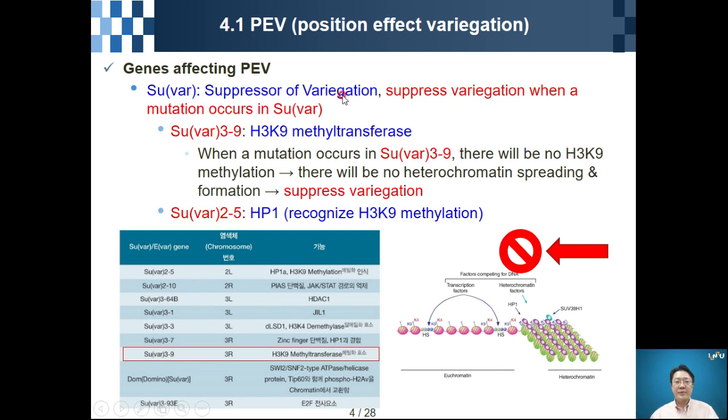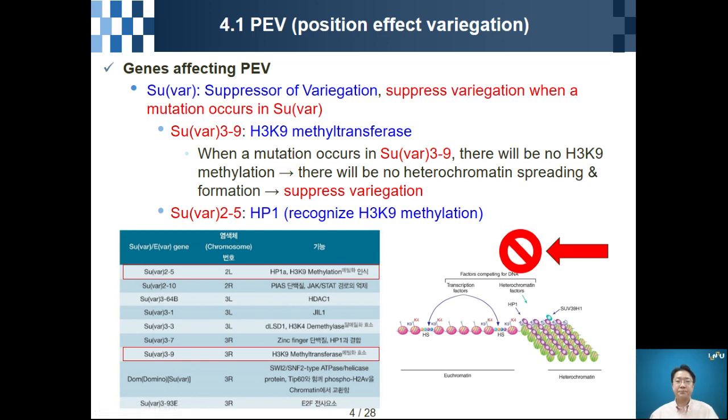So this is SU(VAR), suppressor of variegation. Another example is SU(VAR)2-5. The main function of SU(VAR)2-5 is HP1. HP1 can recognize H3K9 methylation, so it will initiate heterochromatin formation.